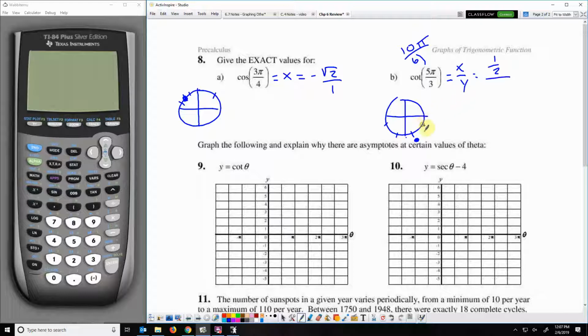The y value, that is the third position down. That is negative root 3 over 2. If these denominators are the same, I can cancel them. So I've got negative 1 over root 3, and then I have to multiply top and bottom by root 3. So I get negative root 3 over 3.